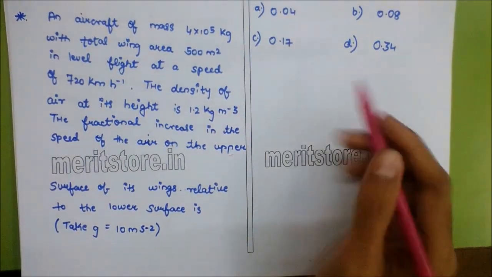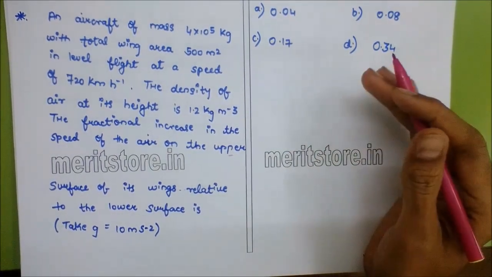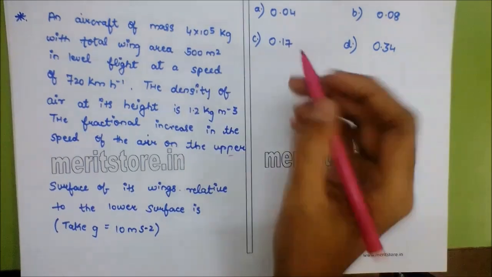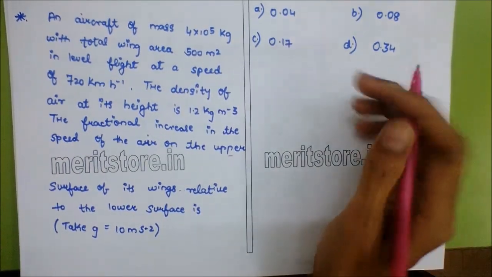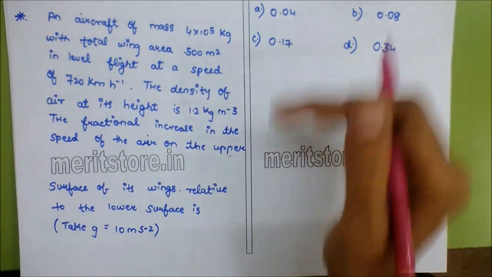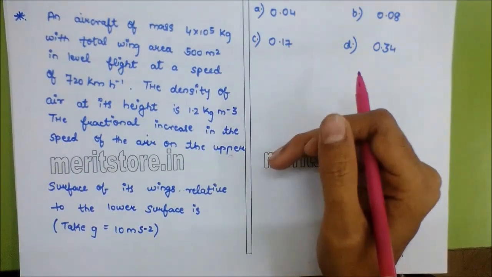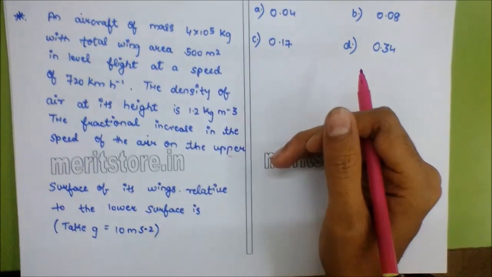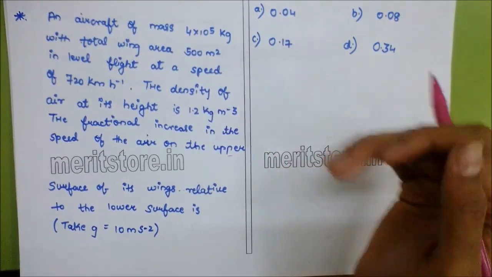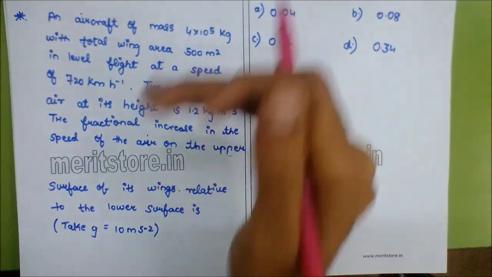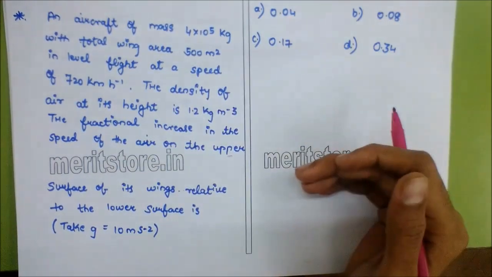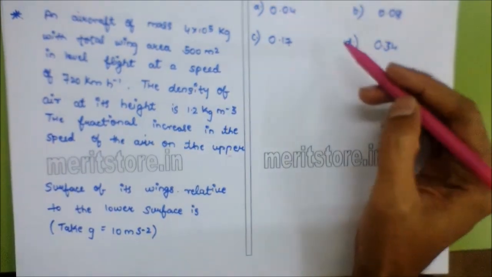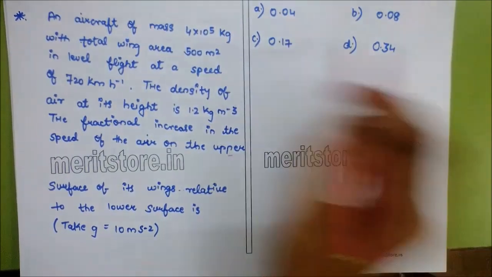Okay, so firstly we'll find the pressure difference between the upper and lower surfaces, and then we'll go with Bernoulli's theorem, which will give the fractional change in the speed of the air on the upper and lower surfaces. The options are 0.04, 0.08, 0.17 or 0.38.